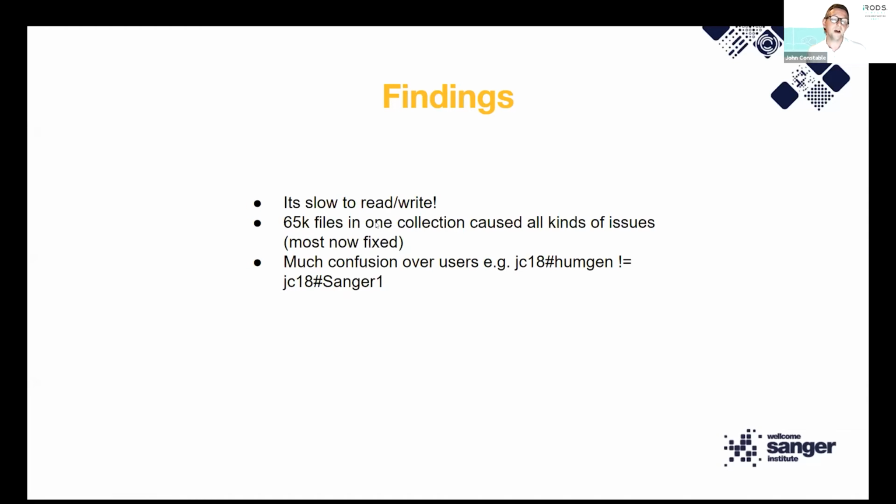We also found that some of the collections that had been uploaded had 65,000 files at least in one collection. And this wasn't just a one-off; we had lots of it. We had to go through a lot of iterations with Renzi to try and find out exactly what was going on with this.